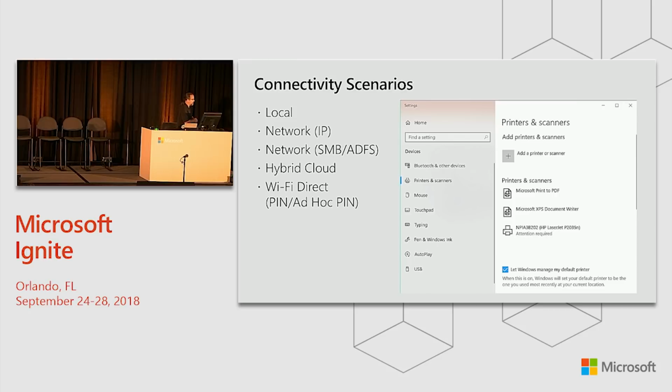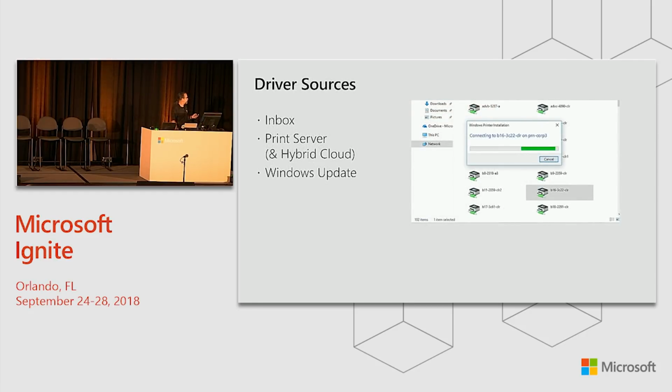Local connectivity scenarios, it could be local, network IP, hybrid cloud, Wi-Fi direct, pin ad hoc print, all of that is supported. Driver sources, of course, inbox, print server, or Windows Update as well. If the driver updates are delivered through Windows Update for printers, we should be fine.